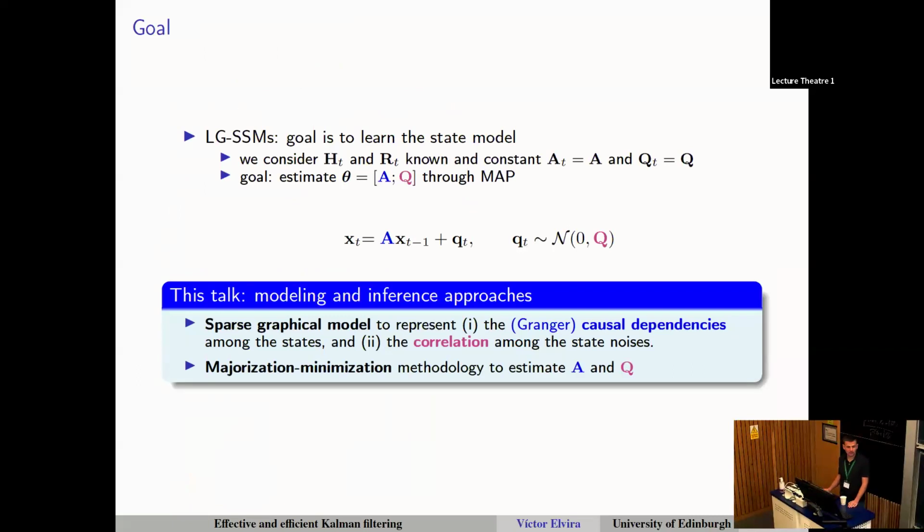Let us imagine that we have this same problem, and the goal here is to estimate matrices A and Q. Why? It's not because it's easy, but because it's hard. I don't know if you know this JFK speech at Rice University, but anyways, that's another reference. So this is a very tough problem.